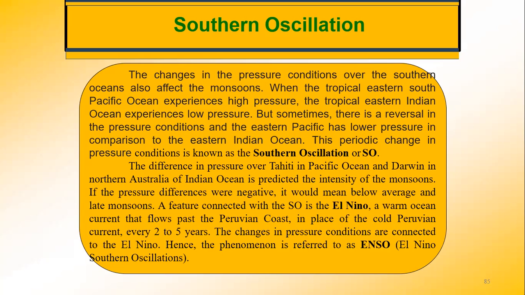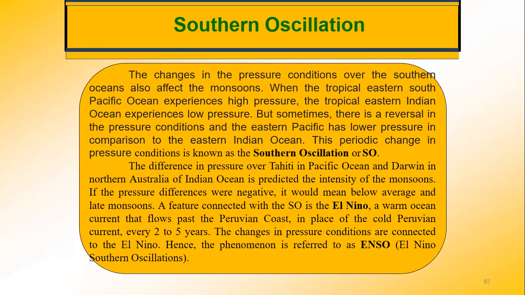Now, like I told you, SO is measured by Tahiti in French Polynesia, in the South Central Pacific, and Darwin. So the difference in the pressure over Tahiti in the Pacific Ocean and Darwin in northern Australia of the Indian Ocean predicts the intensity of monsoons.